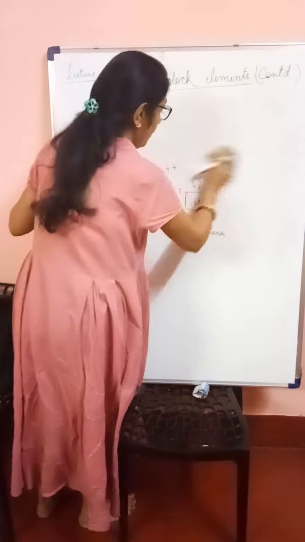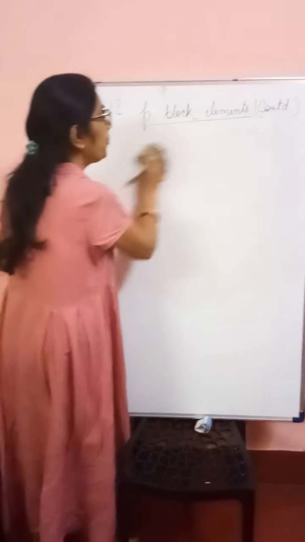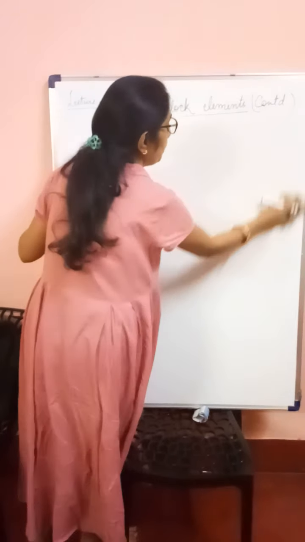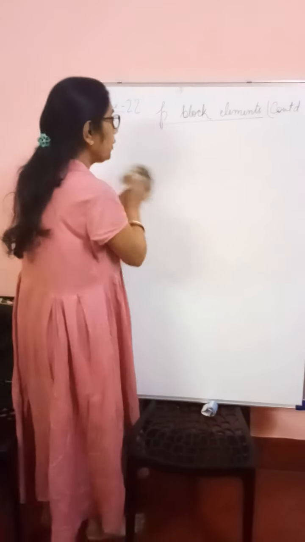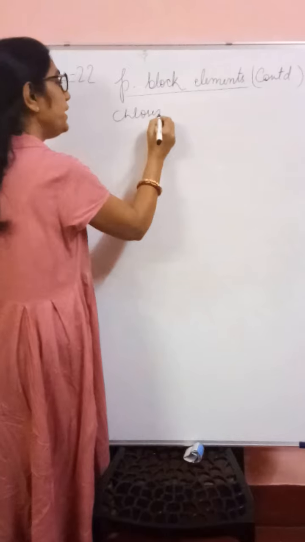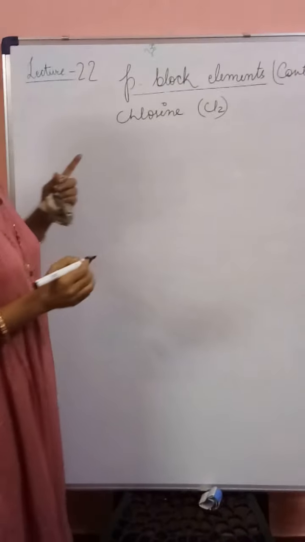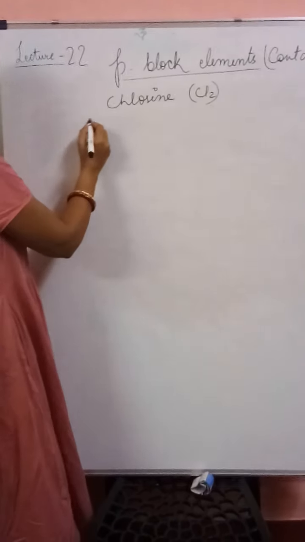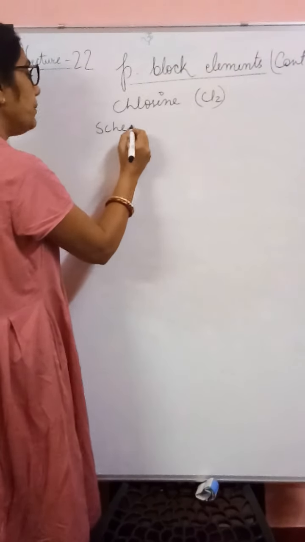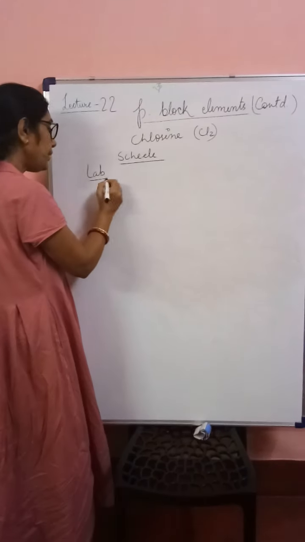After oxides and interhalogens, there are two important compounds we have to study for group 17. One is chlorine and the second one is HCl, hydrochloric acid. Cl2, chlorine, was discovered by the scientist Scheele. How is it prepared in the laboratory?